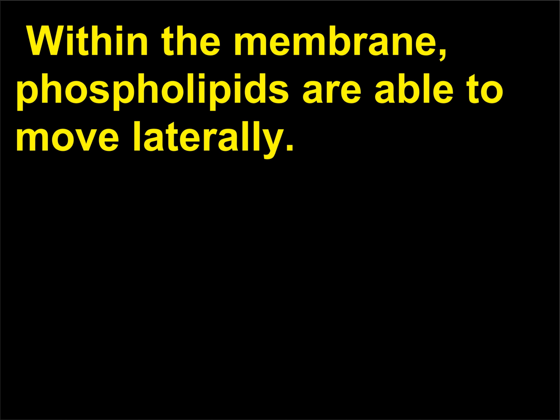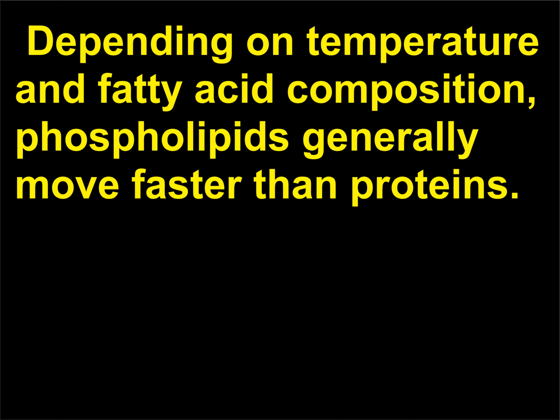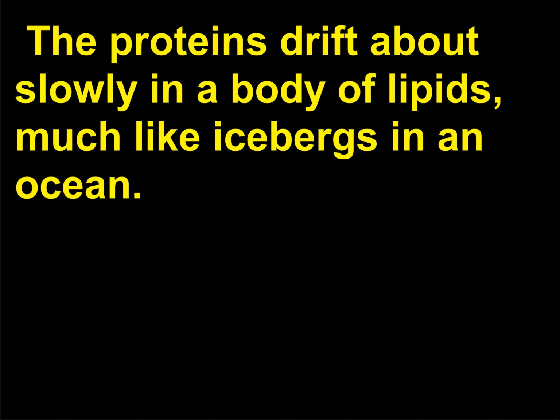Within the membrane, phospholipids are able to move laterally. Depending on temperature and fatty acid composition, phospholipids generally move faster than proteins. The proteins drift about slowly in a body of lipids, much like icebergs in an ocean.